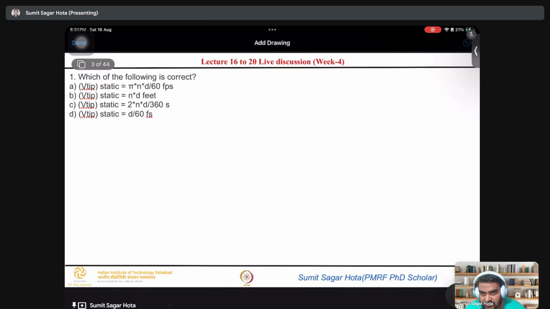The question is, which of the following is correct? So the tip velocity, or the static tip speed, is what they want to know.